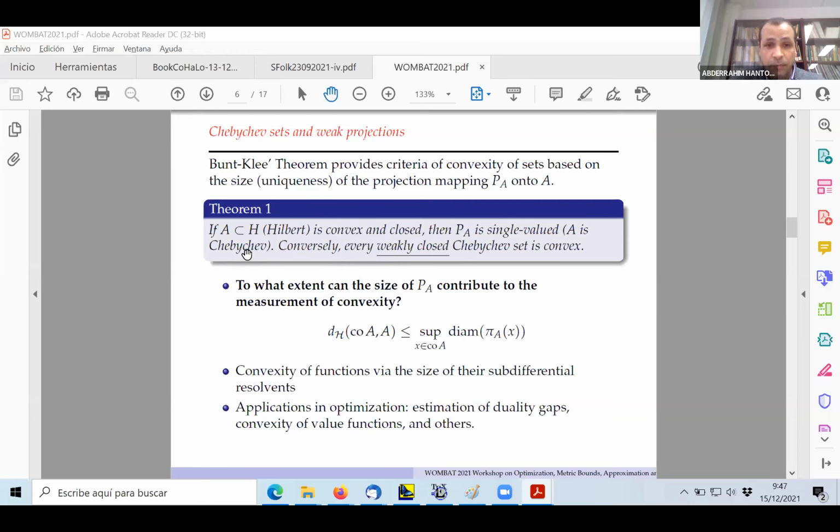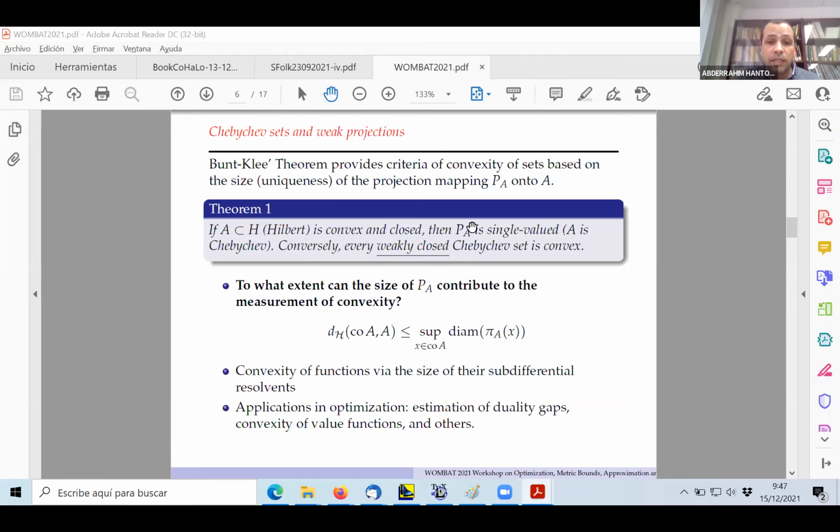The Klee theorem, proved at the beginning of the 60s, says that every weakly closed Chebyshev set is convex, and weakly closed is important. The conjecture, to the best of my knowledge, is still open if we remove the assumption of weakly closed. So this theorem tells us that somehow the projection could also be used to measure non-convexity.